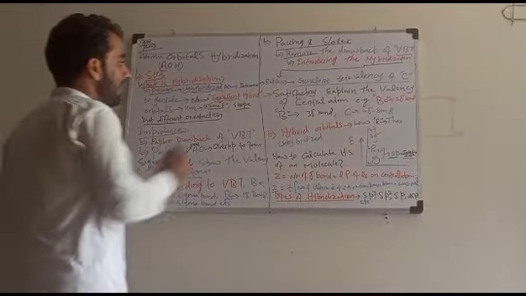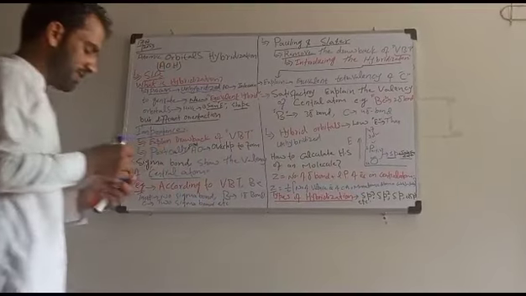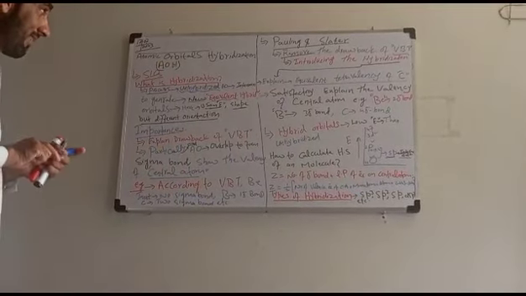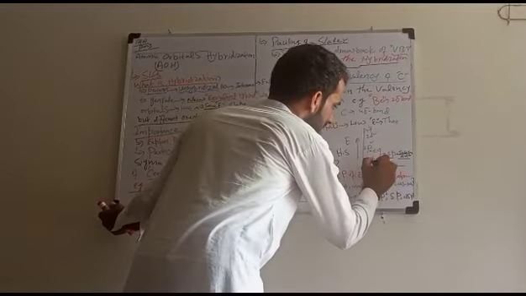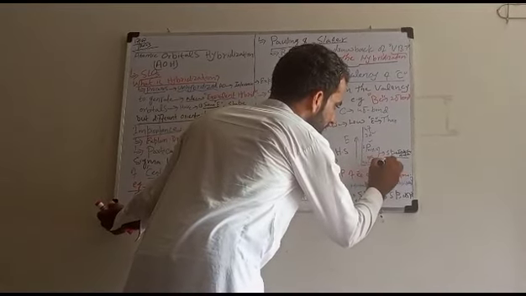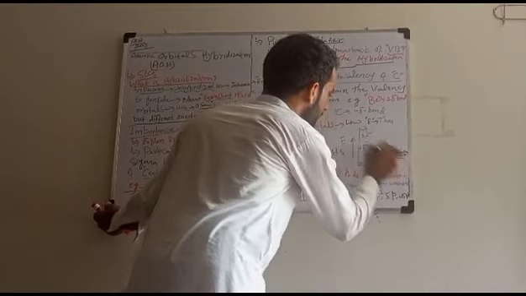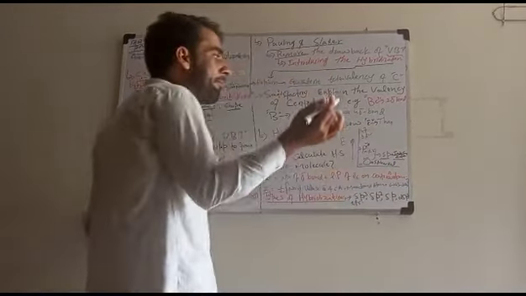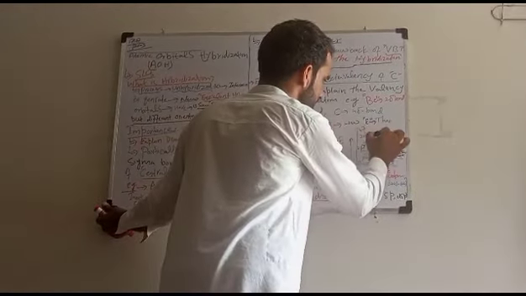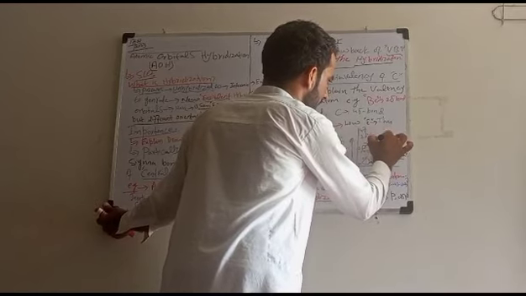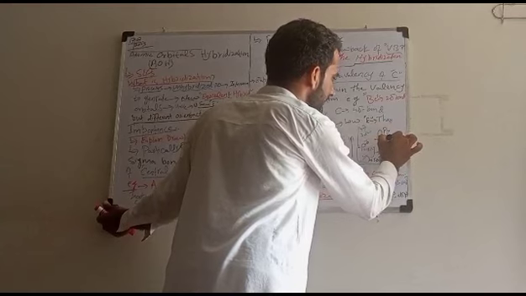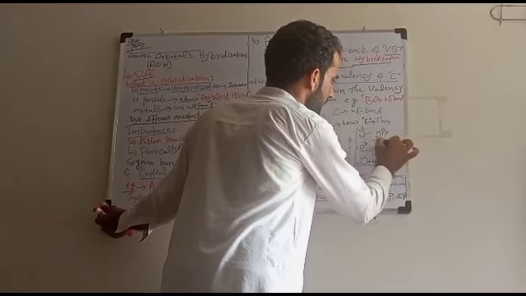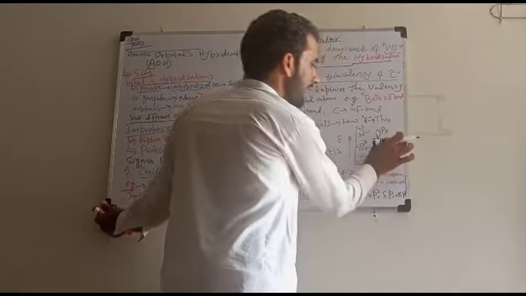That's equivalent. And shape: what do you mean by shape? The s orbital is spherical. The p orbital is dumbbell-shaped, like px and py.